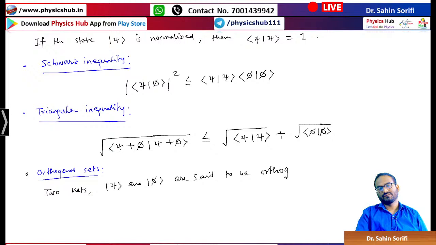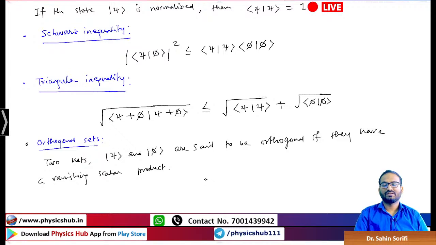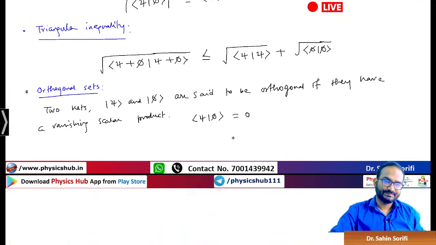How to check whether they are orthogonal or not? If they have a vanishing scalar product. So if you get this product, let's say ⟨psi|phi⟩, this is the scalar product of psi and phi. If it is 0, then you can say that these two vectors are orthogonal.